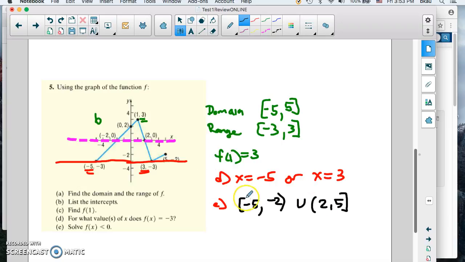We can include the endpoints in the brackets because they're endpoints on the graph, but we can't include these points because it just says less than. So we're looking at this section, what the x values are there and what the x values are here. And these are the x values for that section. So those are the x's, the intervals for that.